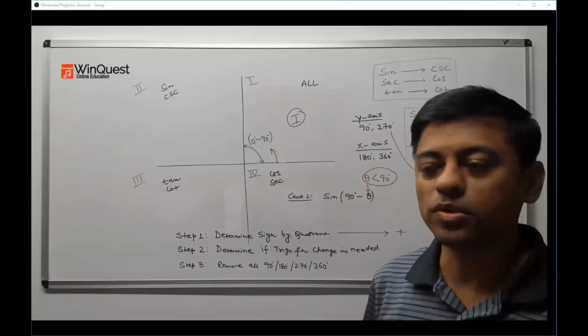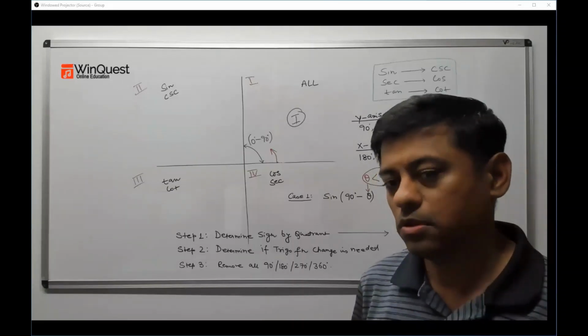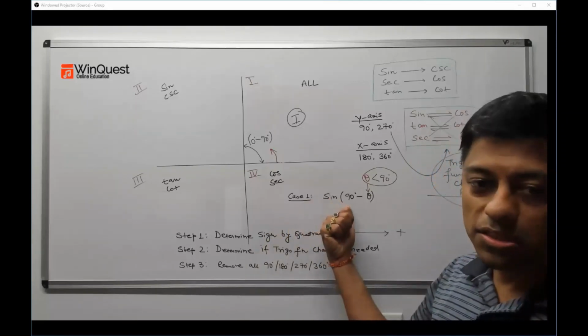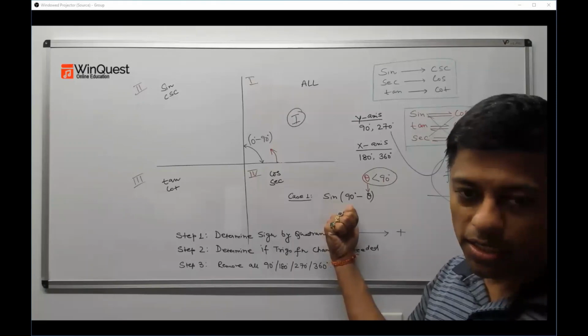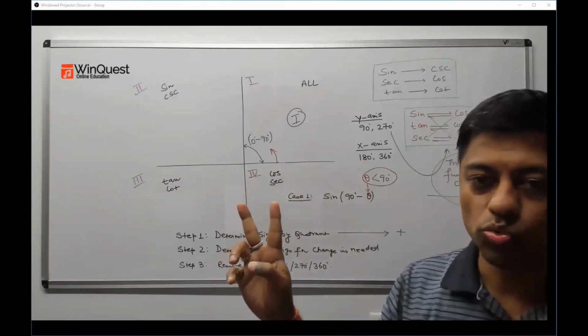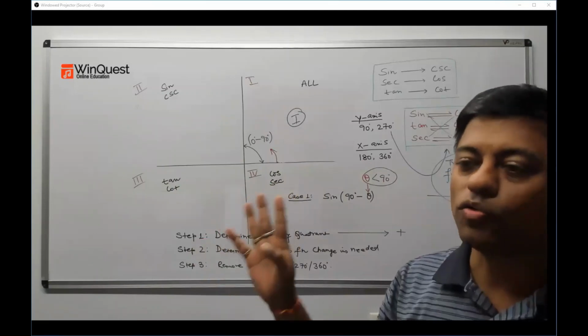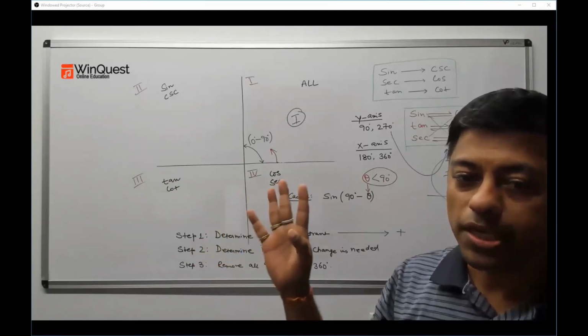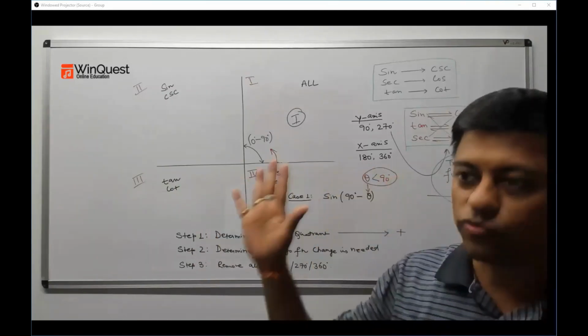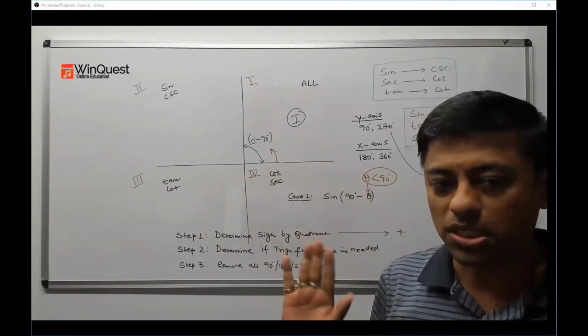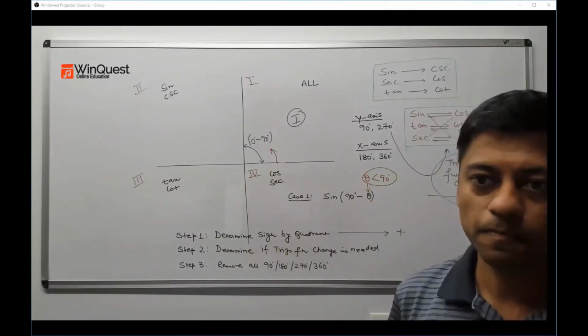Okay, please listen to me very, very carefully. If we are passing or traversing through y-axis angles, which is only two, 90 degrees and 270 degrees, trigo function change is mandatory. You have to change it. Am I clear? Yes or no? Wait, when did you say it's mandatory?